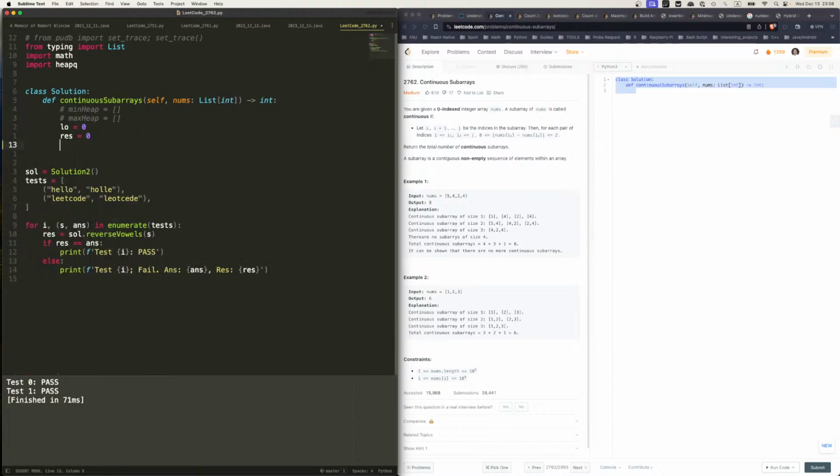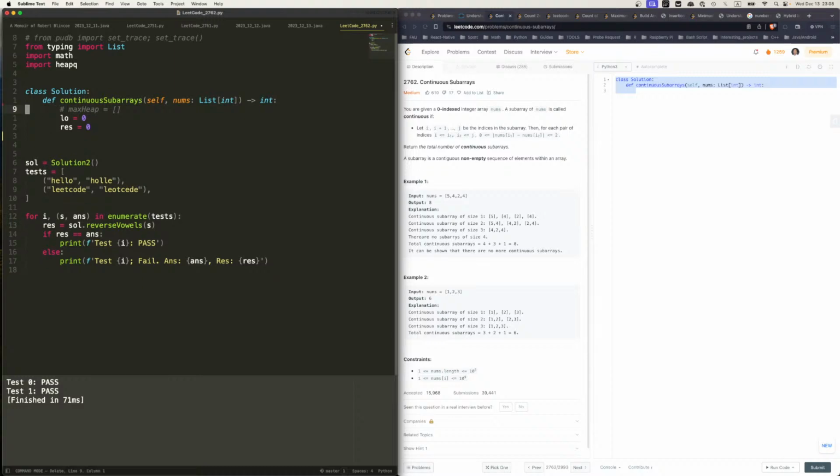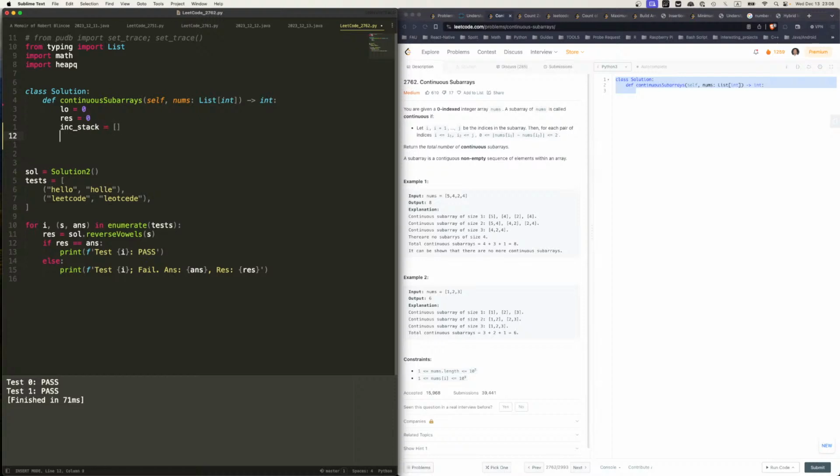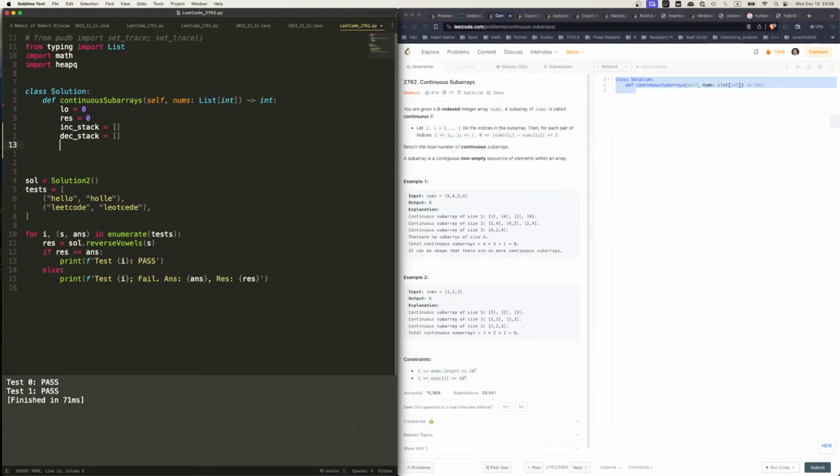We start fresh. So we're gonna have a stack, let's call it increasing stack and decreasing, so it's inc stack, okay? And we have deck stack, right? So I have 2 stacks, and we're gonna go one by one, and for each one we first check, we can put the first value in it, right?